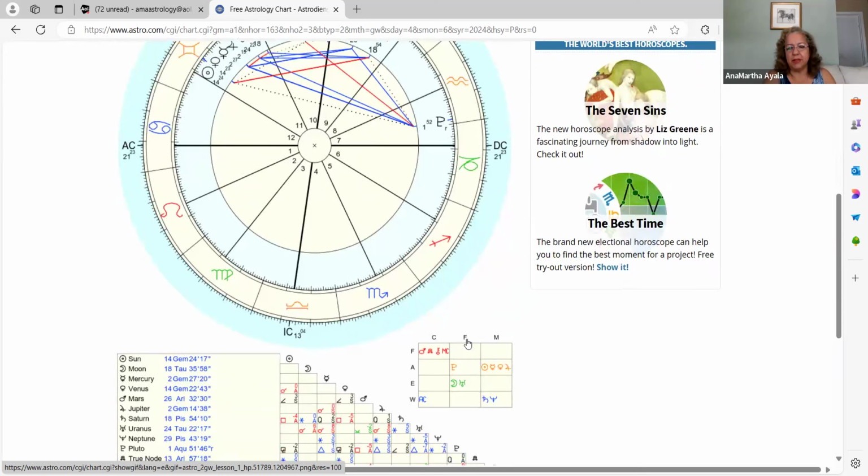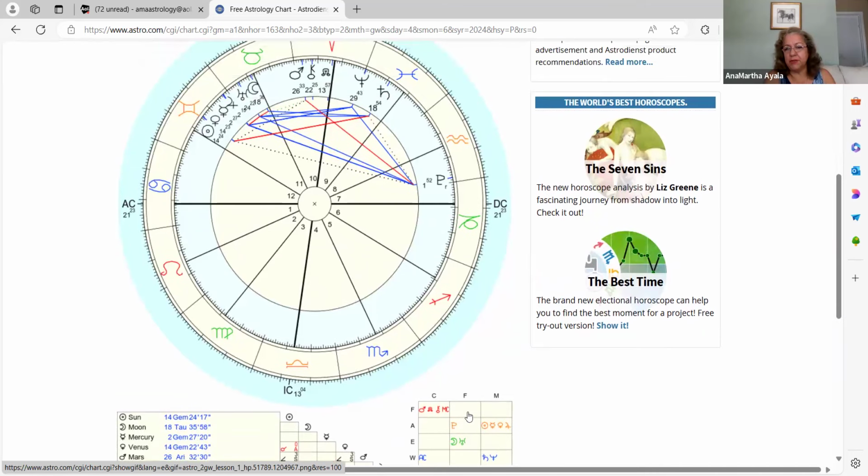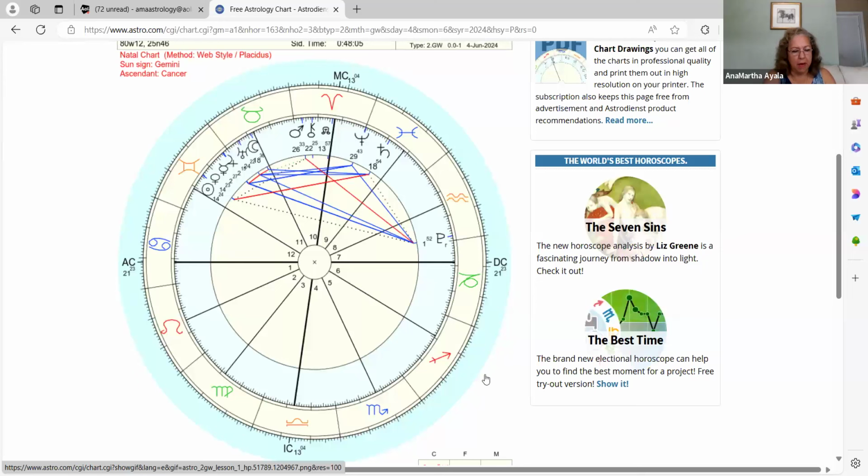Now, fixed signs. The fixed signs, these people are very patient. In this chart, this person has no planets in the fixed signs. But a person with a lot of planets in fixed signs does get things done, but can also be very stubborn and set in their ways. They don't want to change.